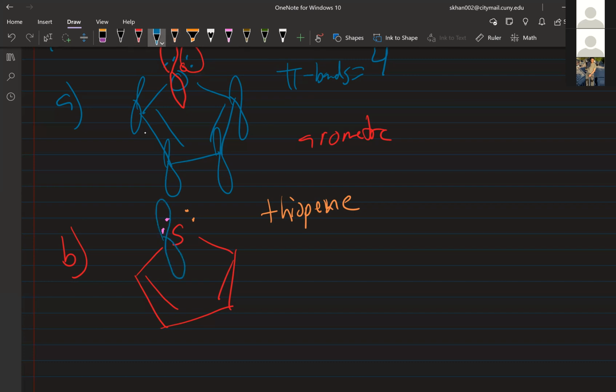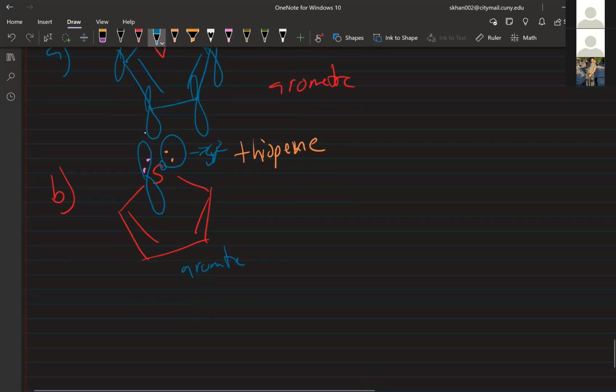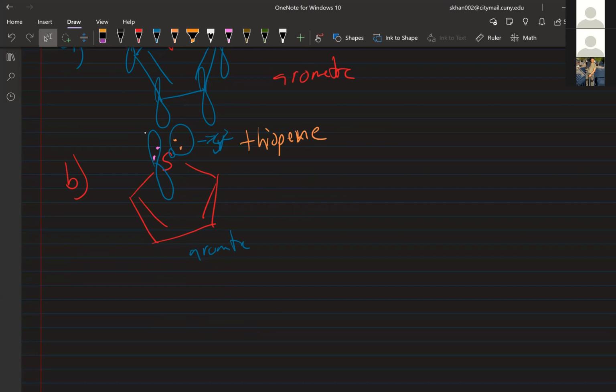And then the other is going to be in an sp2 orbital. So that will make this entire molecule aromatic, because of its 6 pi electrons, and we know this is now sp2 hybridized. The other lone pair is going to be in an sp2 orbital. Okay.